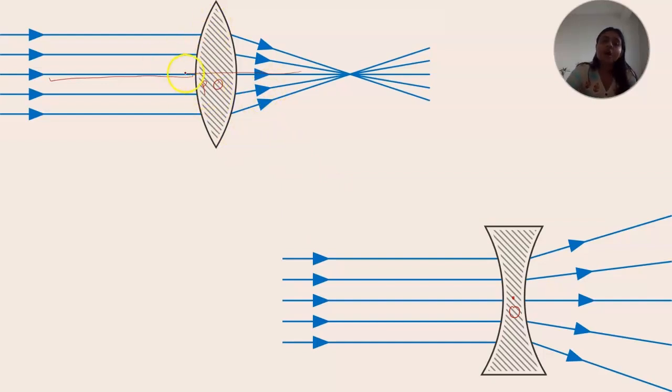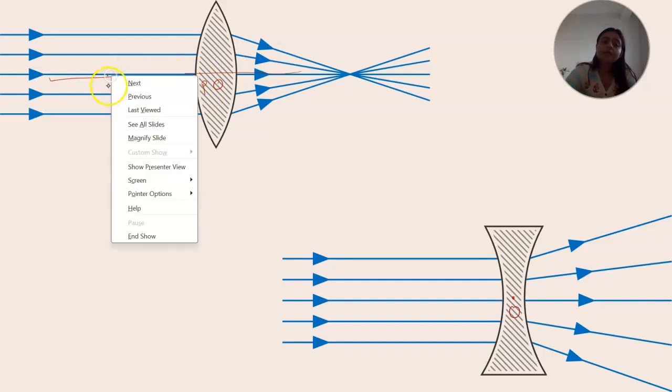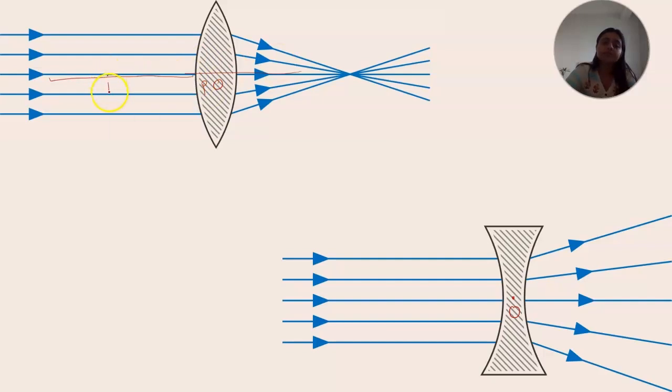Here is the focus point, and here is the center of curvature. These are the terms we need when we perform certain ray diagrams.